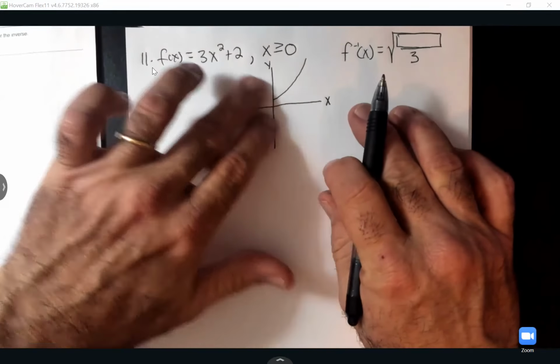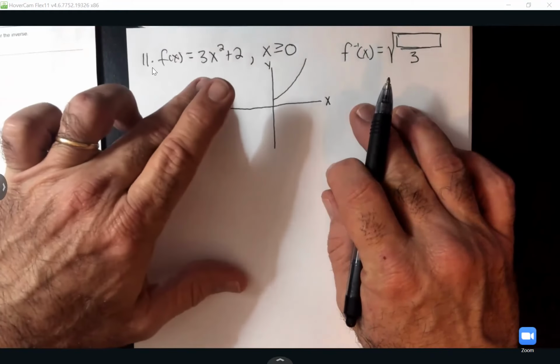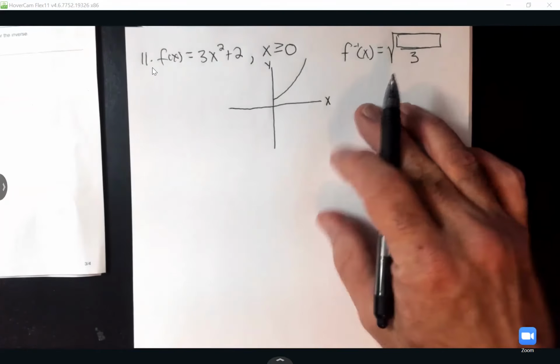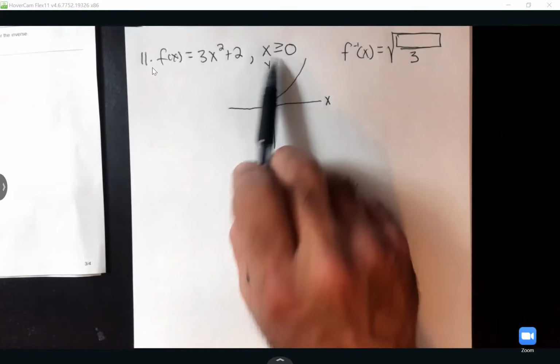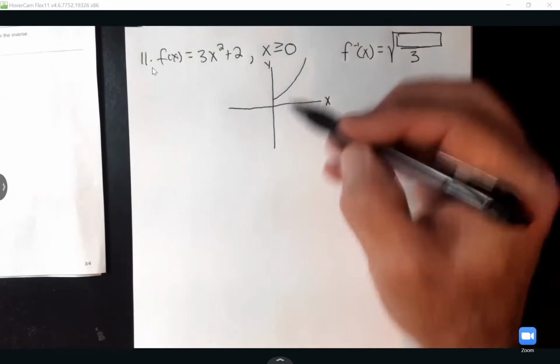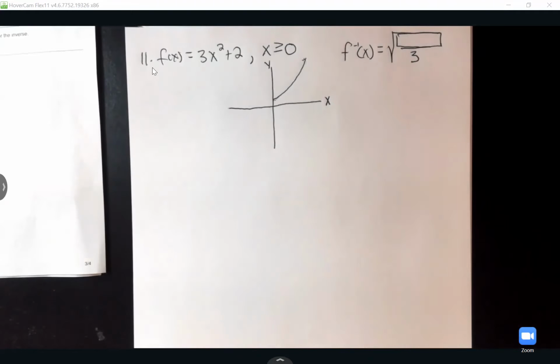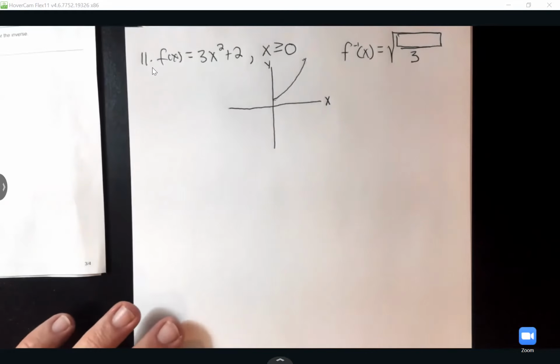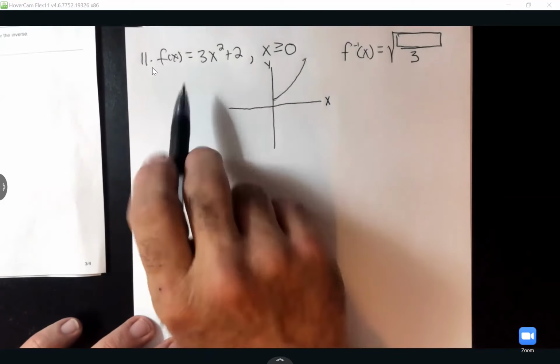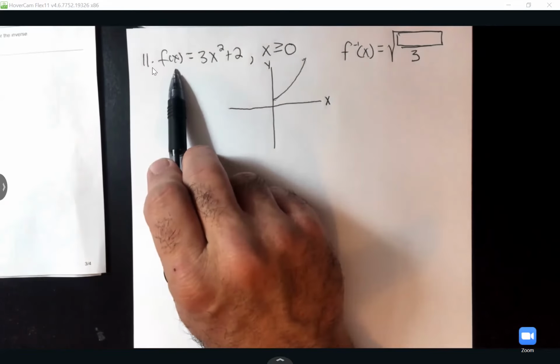It's not going to graph anything over here where these x's are negative. So since they're giving me a restriction, I can now find the inverse because this half is definitely still 1 to 1.